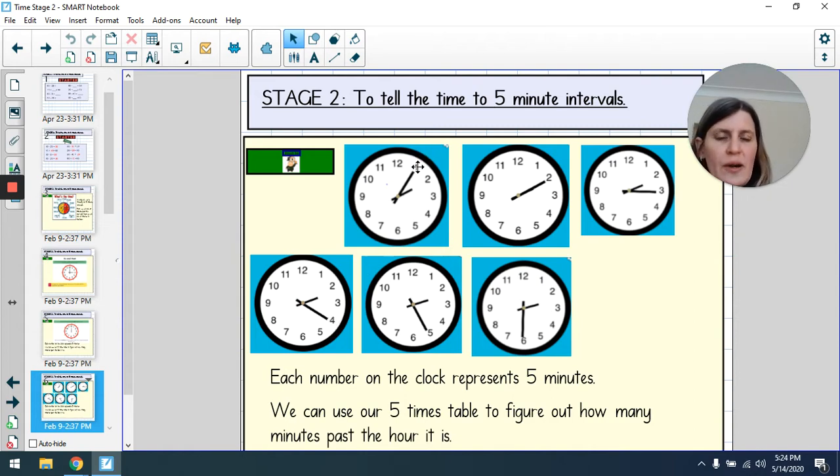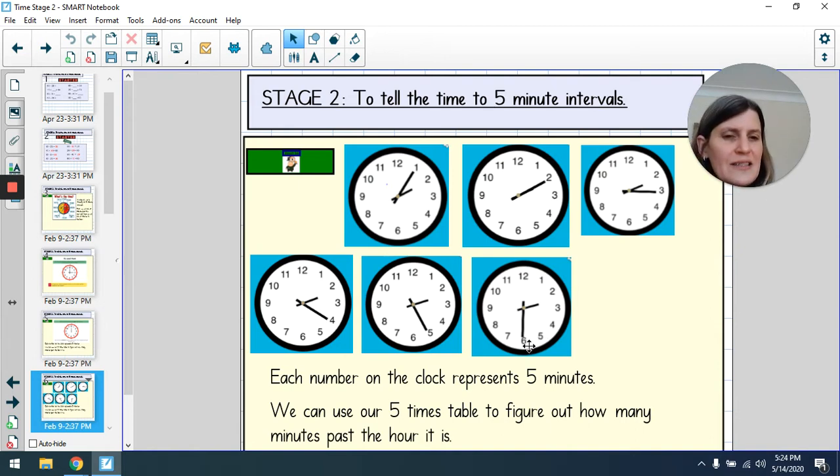Each one of these clocks represents a 5-minute jump since it was 2 o'clock. 5 minutes past 2, 10 minutes past 2, 15 minutes past 2 or quarter past 2, 20 minutes past 2. So the next one, we count round, 5, 10, 15, 20, 25 minutes past 2. And finally my last one, 5, 10, 15, 20, 25, 30, 30 minutes past 2.